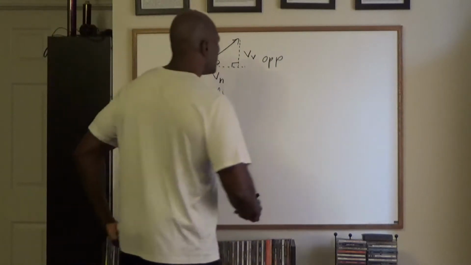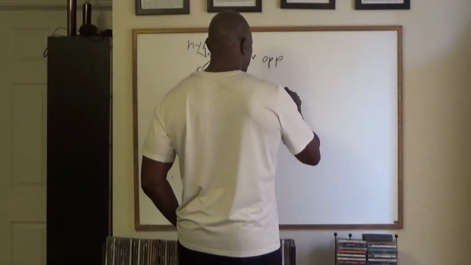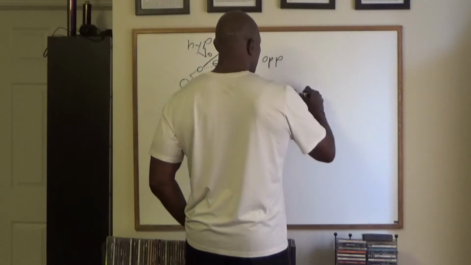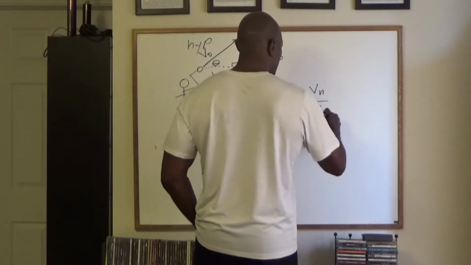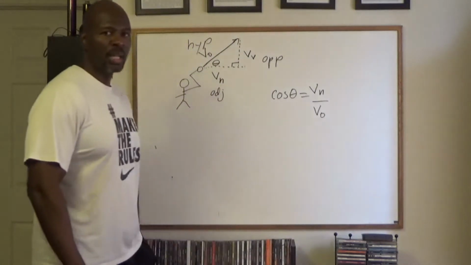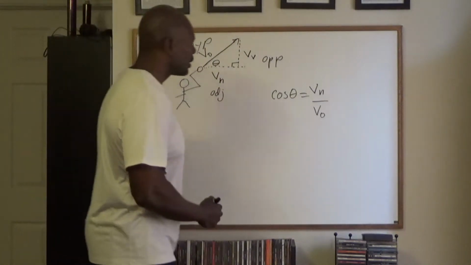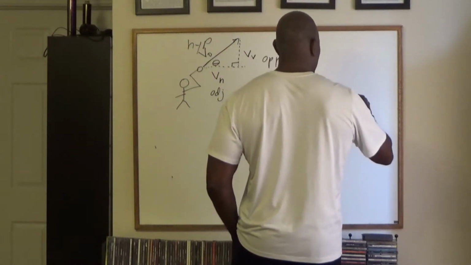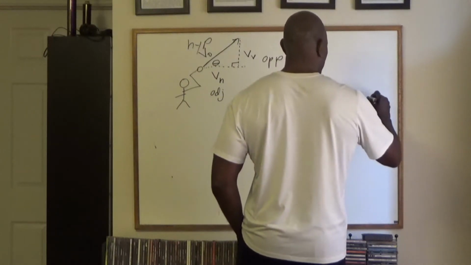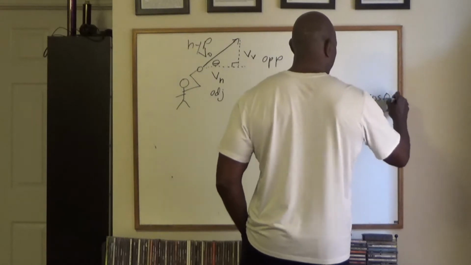So cosine theta is the horizontal velocity divided by the initial velocity. And if I solve this for VH, VH is the initial velocity times cosine of theta.